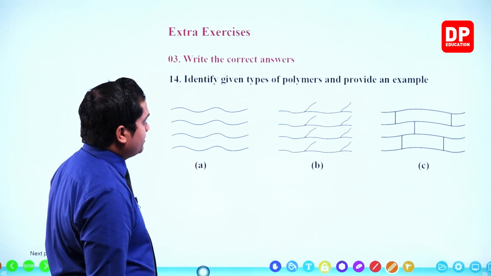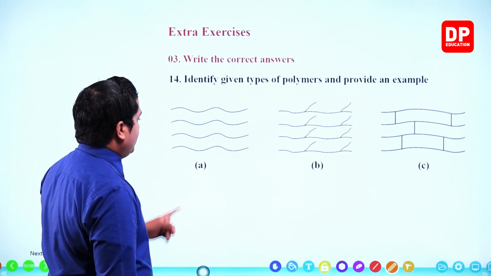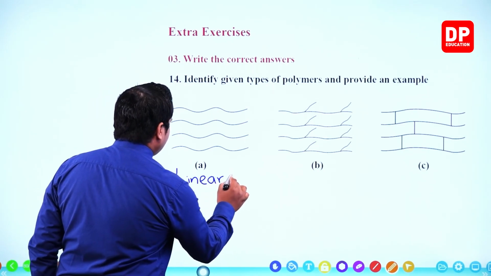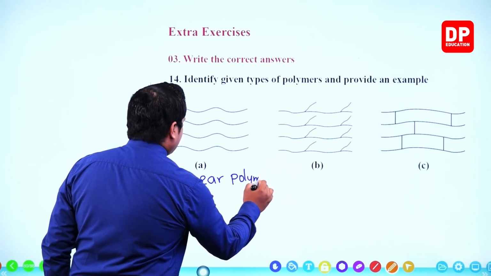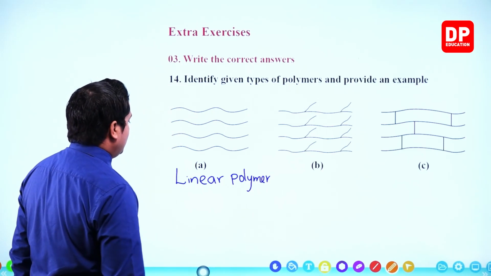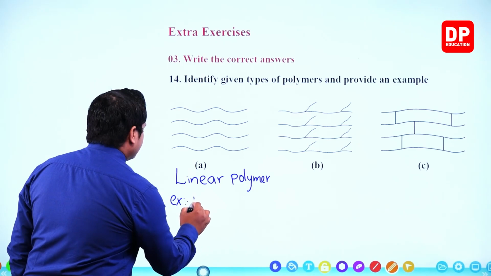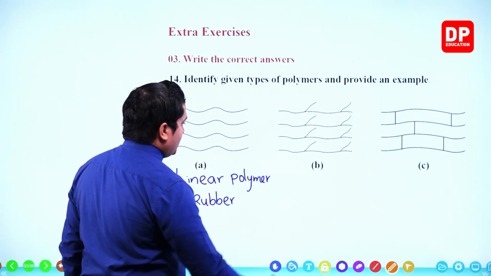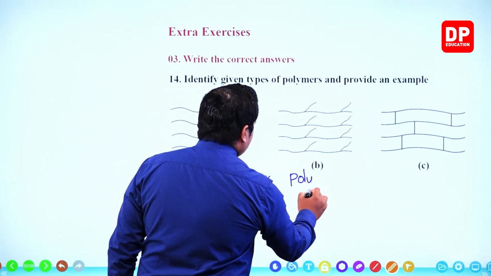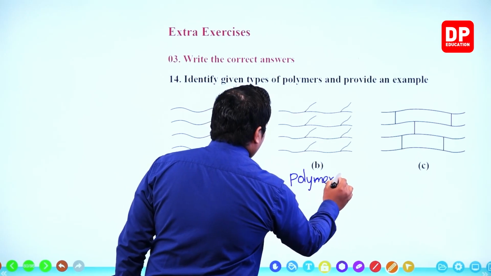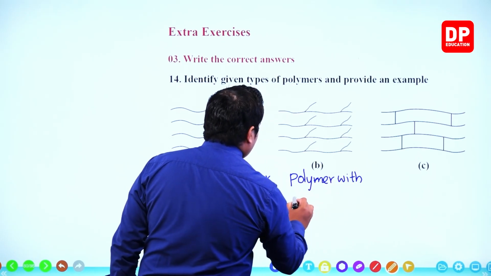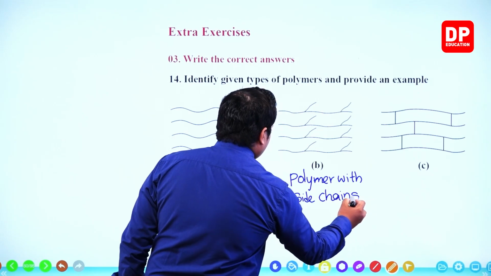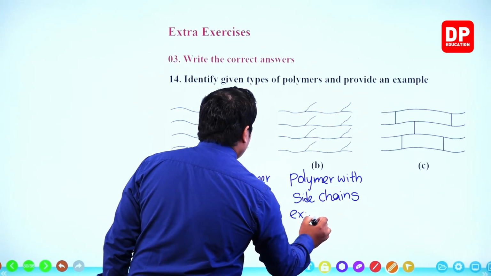Then the next question. Question number 14. Identify the given types of polymers and provide an example. Okay, this one, linear polymer. Linear polymer, right? Example, rubber. Next one, this one, polymer with side chains. Examples, some proteins are good examples.